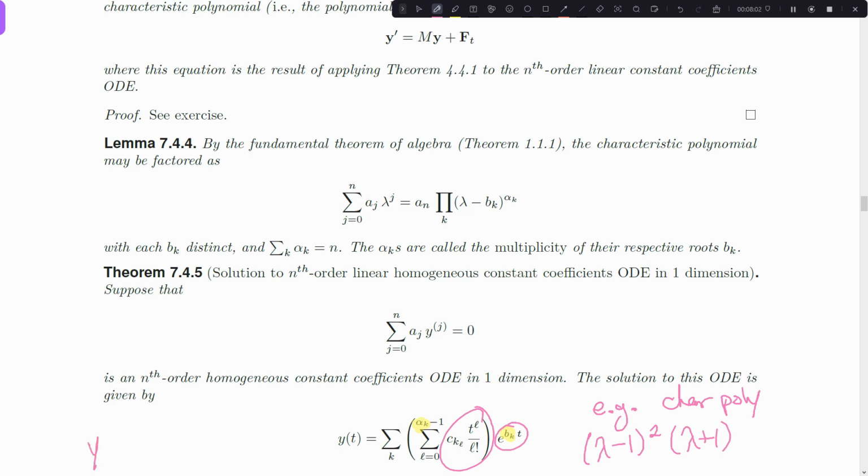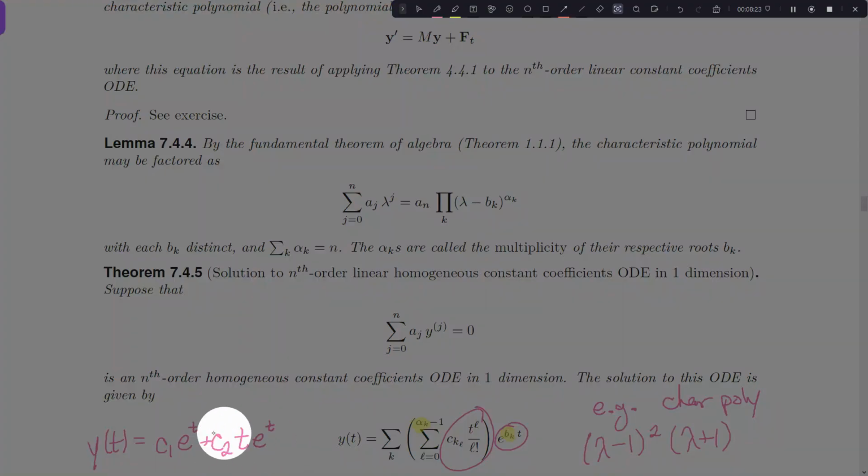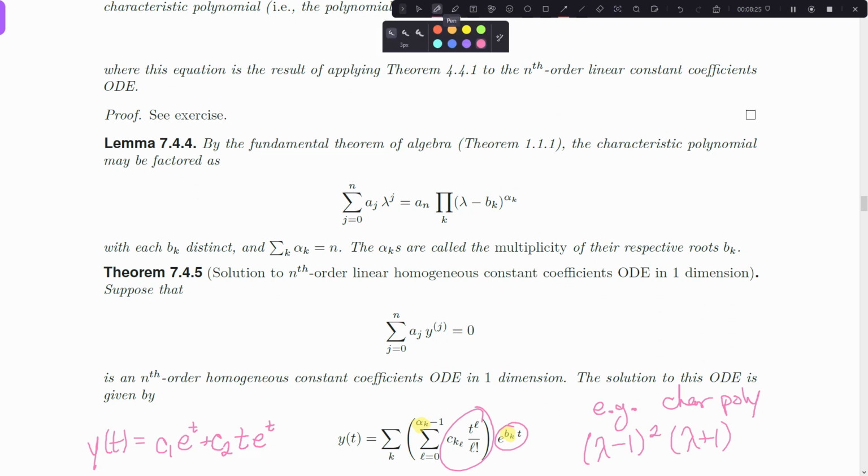My solution takes the form c1 e to the t, which corresponds to the root lambda equal to 1, plus c2 t over 1 factorial e to the t. So that's my multiplicity 2 term. And then I recover the multiplicity 1 term, which corresponds to lambda equal to -1, so I have e to the negative t. That's a nice example of how we would do this in action.